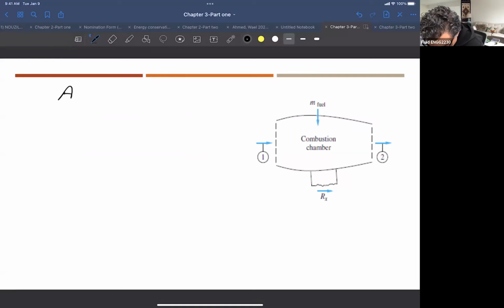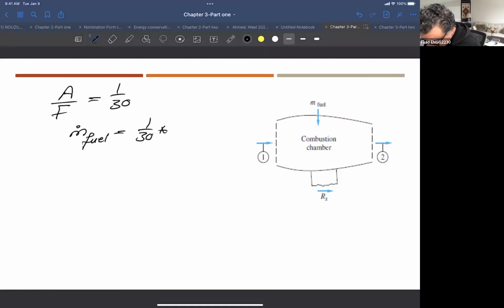So if you have a certain mass coming in, the mass of the fuel should be 1/30 times 151, because for each kilogram of air, you are adding 1/30. So you can find M fuel here.